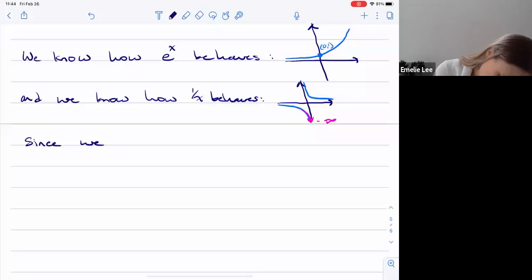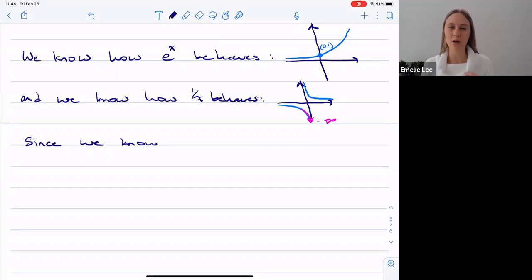Okay, so it does assume that we know some of these core functions and how they behave, right? 1 over x, e to the x, logs, polynomials, trig functions, that kind of fun stuff.